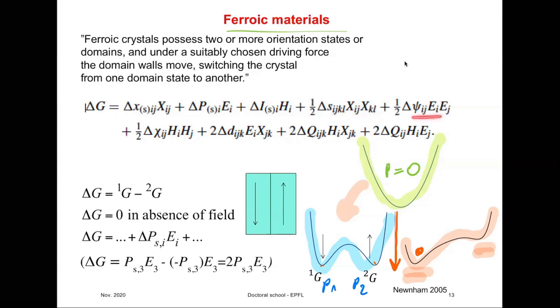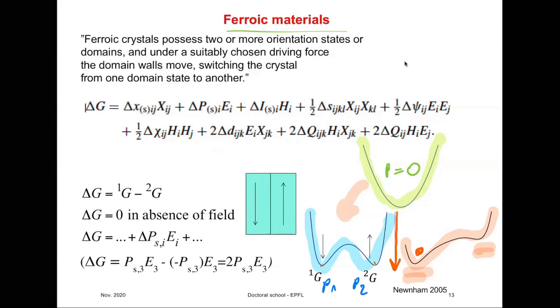You have ferrobielectric, ferrobimagnetic, and then you have ferroelastic, where you have a difference in piezoelectric constants between two different states, and so on. You can read about this in Unem's book.